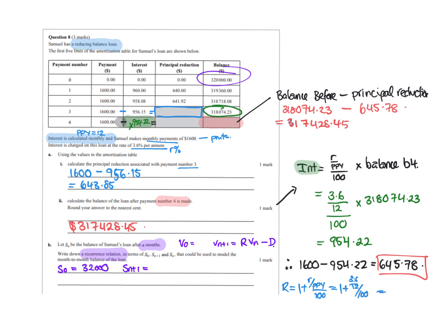So you're going to see 1.003. So you can write your formula out. It'll be 1.003 times the one before. Sorry, I went to write V. We want S in this case. Then you go minus the payment, which is 1600.